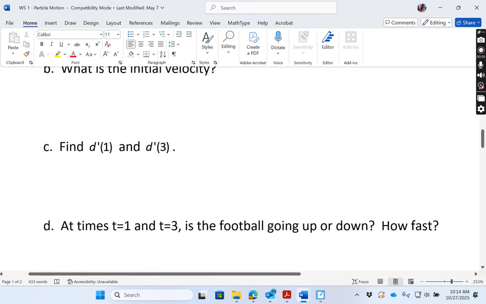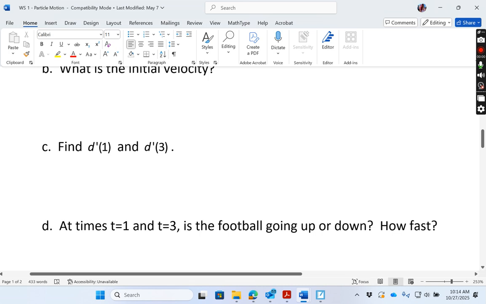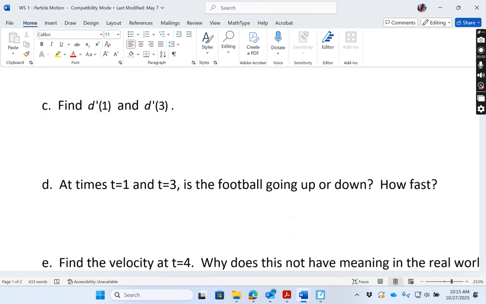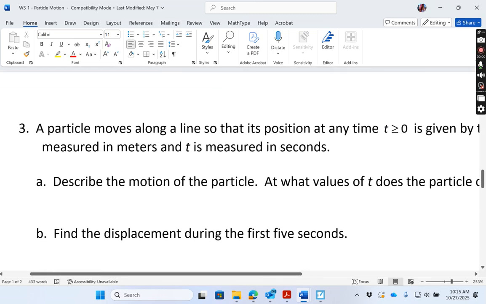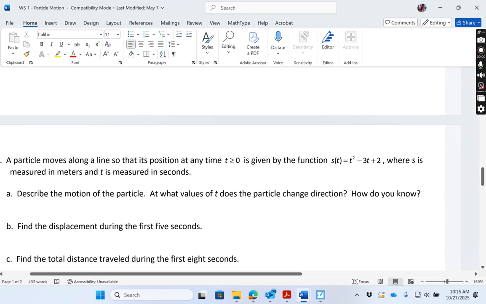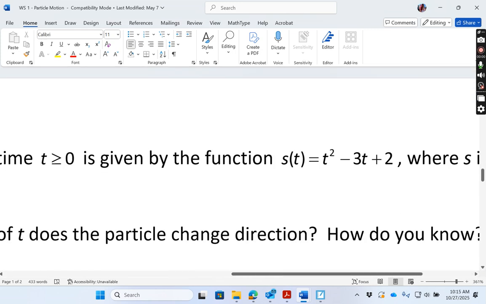It should say find d prime of 1 and d prime of 3. And then flip to the back. All right, number 3. There's the equation: s of t equals t squared minus 3t plus 2.